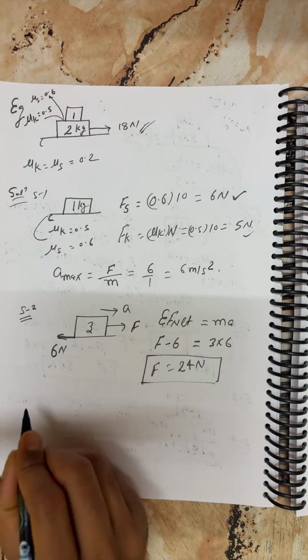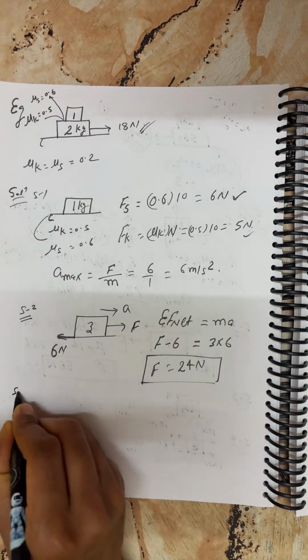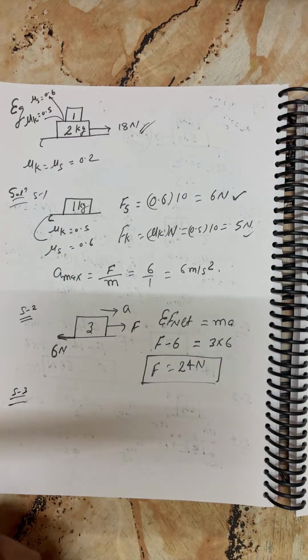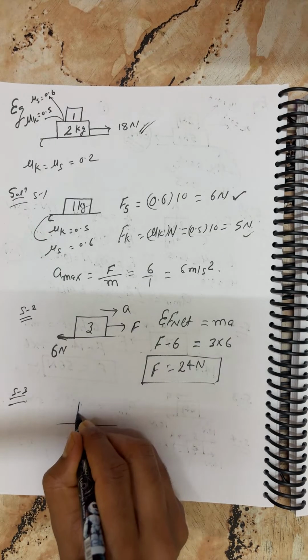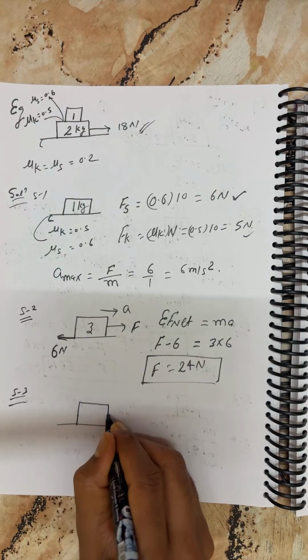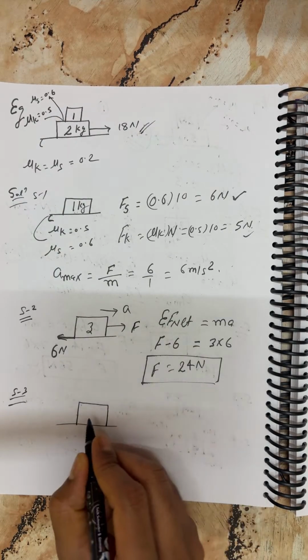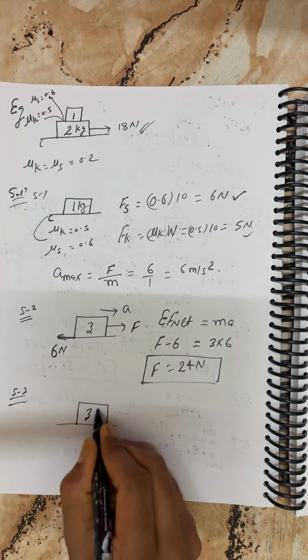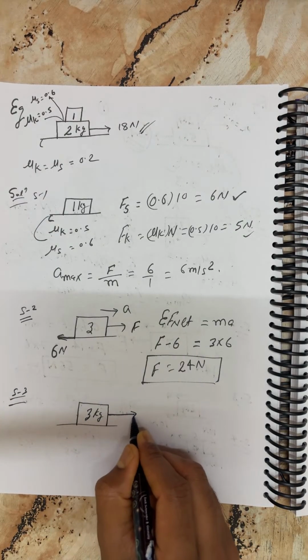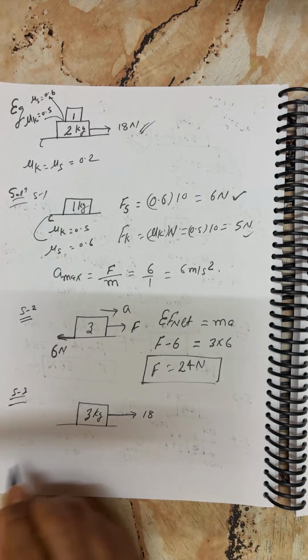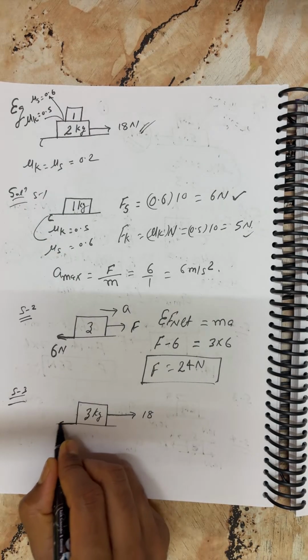So students, for this condition, in step 3, now I'm going to find the common acceleration. How can we find it? Take both blocks as a common system, 3 kilogram. The applied force is 18. What is the friction force over here?